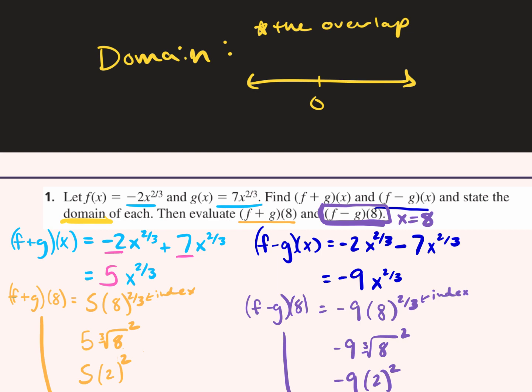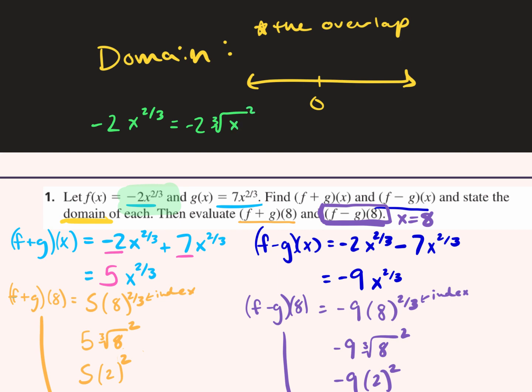And then let's look at each function. So with my first function, I have negative 2x to the 2/3 power. So technically, this is a radical here. What's my index? 3. So this is negative 2, the cubed root of x squared.